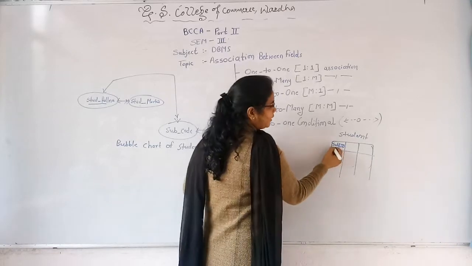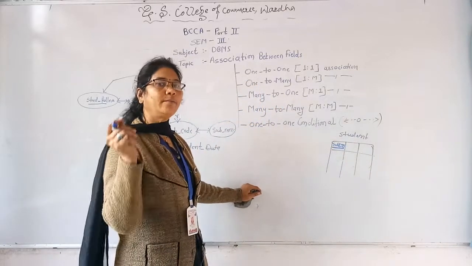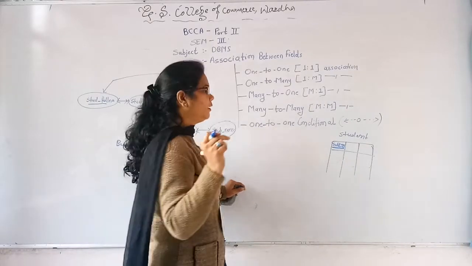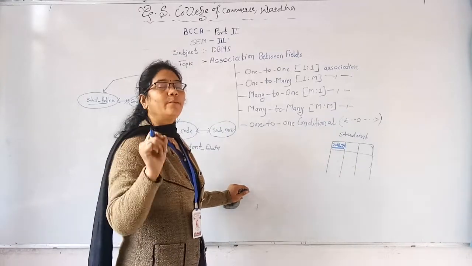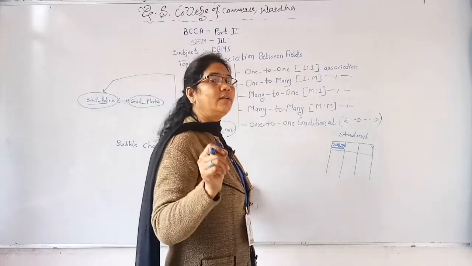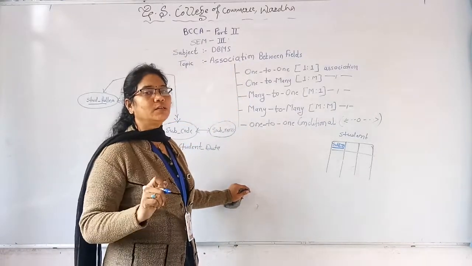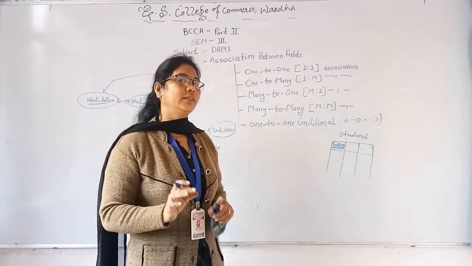When I draw an underline below that particular field name, it becomes a primary key. And what is the primary key? The primary key is the key which is used to uniquely identify the record.